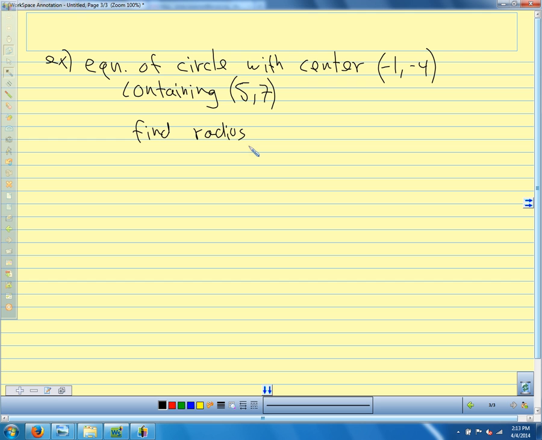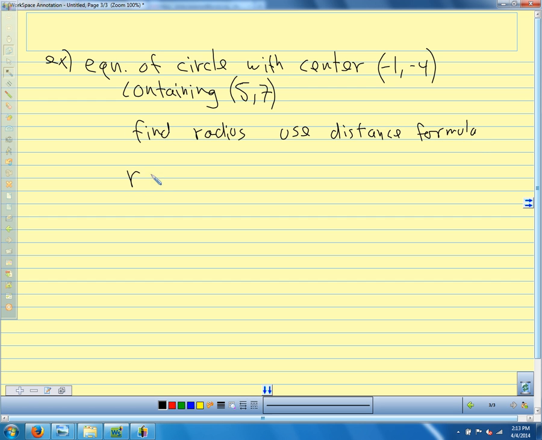How do we find the radius? We're going to plug our points into the distance formula, right? The distance from the center to the point is the radius. So let's plug in our points.